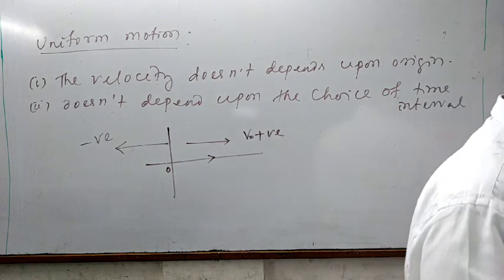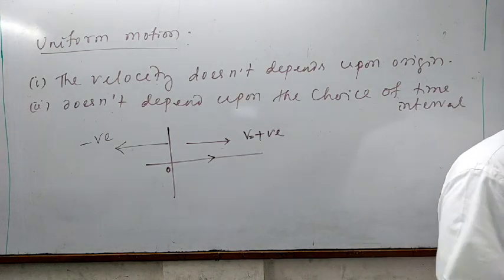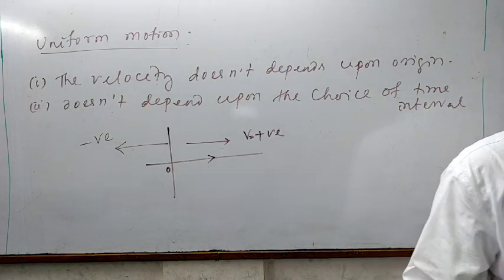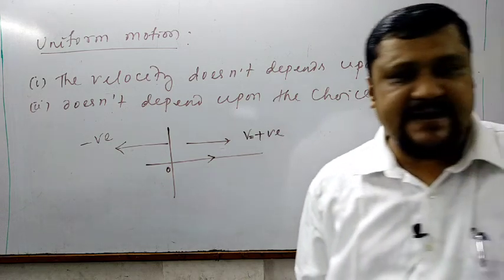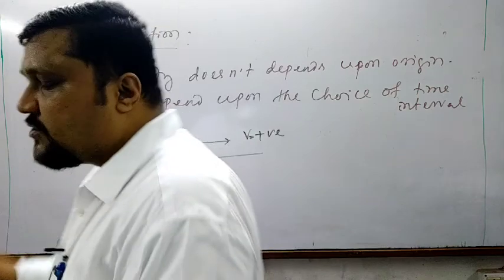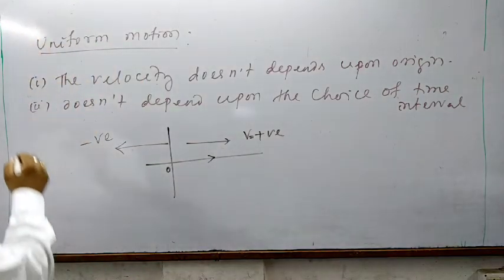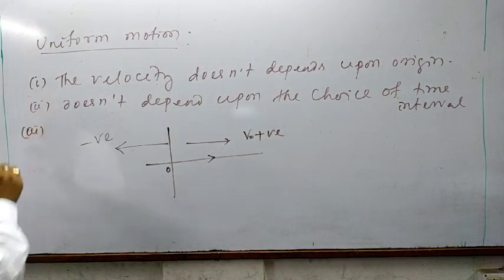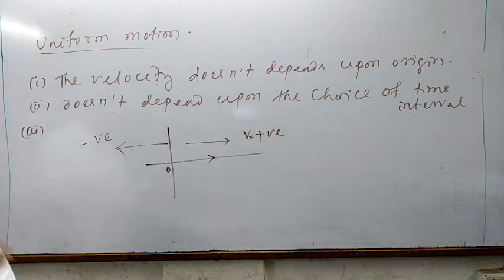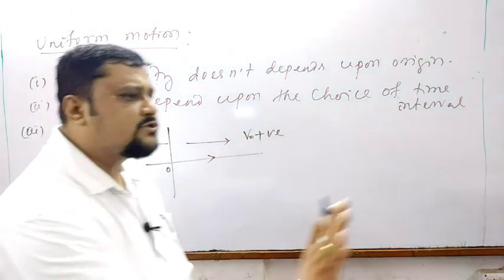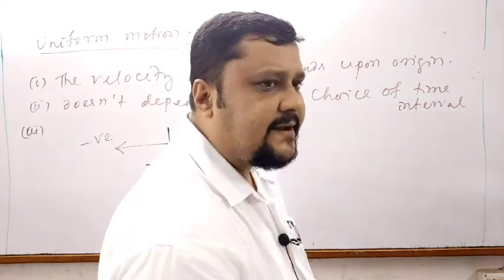Right. For an object in uniform motion, remember this thing, no force is required to maintain its motion, because motion is possible only when we apply a force. If I am at rest, if force is applied, then the motion will be there.